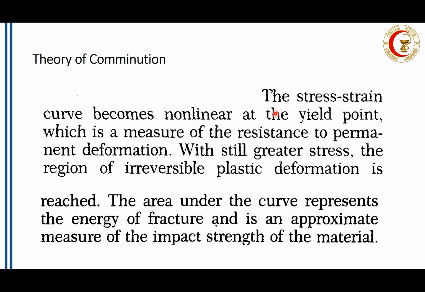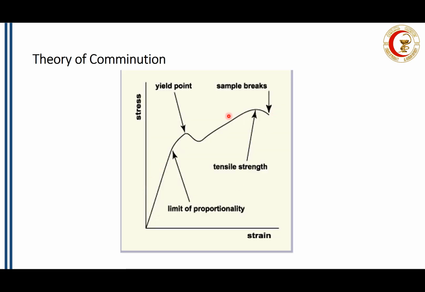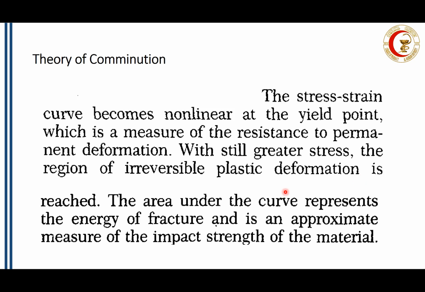Now, the area under the whole curve of the theory of comminution represents the crack strength, or let's say the energy of a fracture. That is the energy required to fracture the particles. Thus, it can also be an approximate measure of the strength of the material.